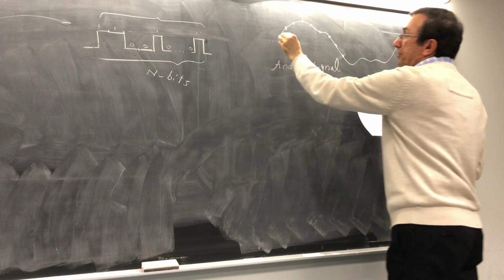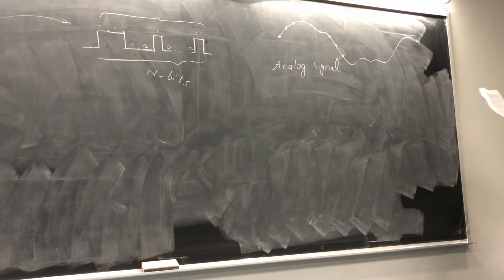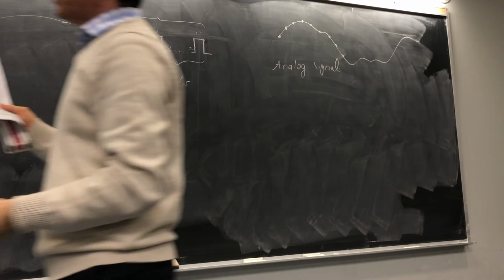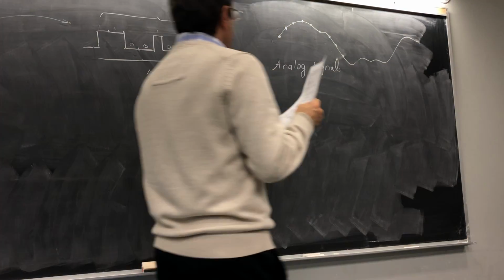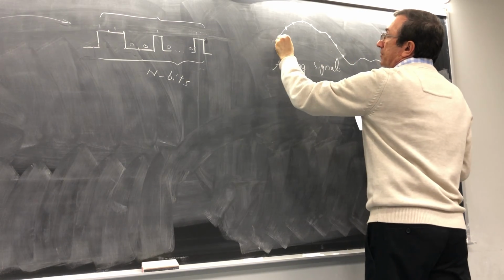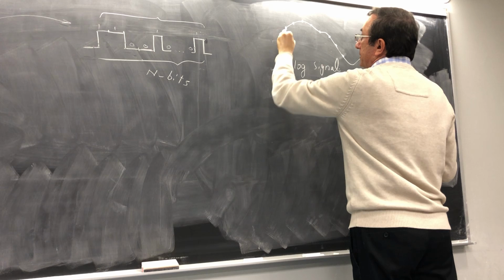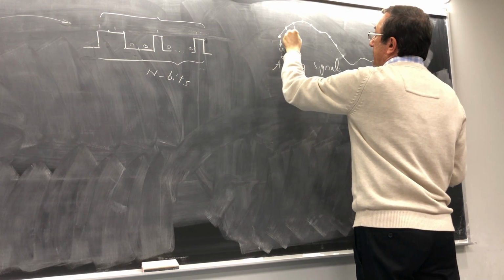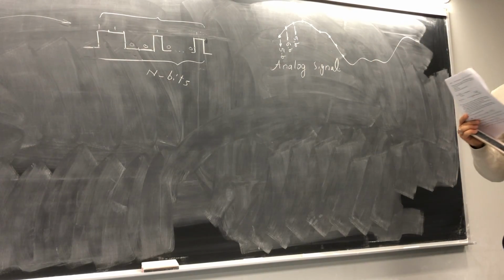Each one of these amplitudes, the amplitude of each sample, is converted into digital, into n bits. And we know how many levels the quantization has. So this means that each sample is converted into 5 bits, right? So this one 5 bits, this one 5 bits, and each and every other sample is going to be 5 bits.